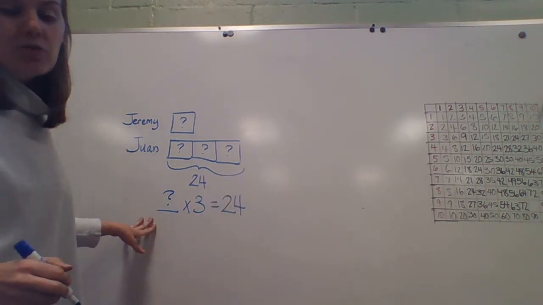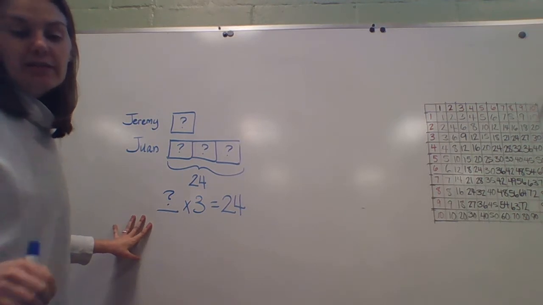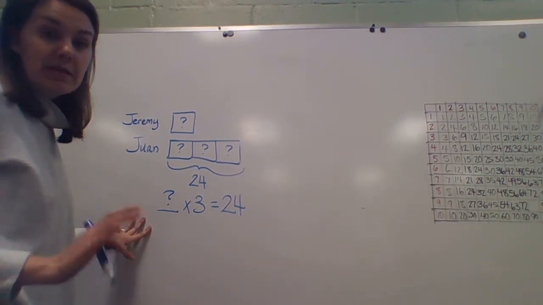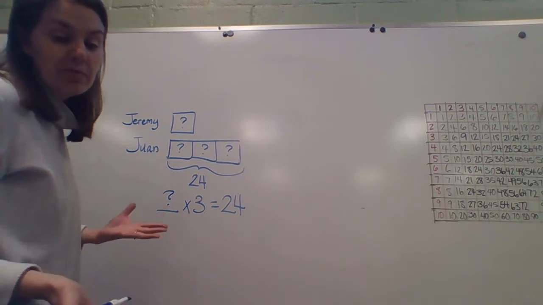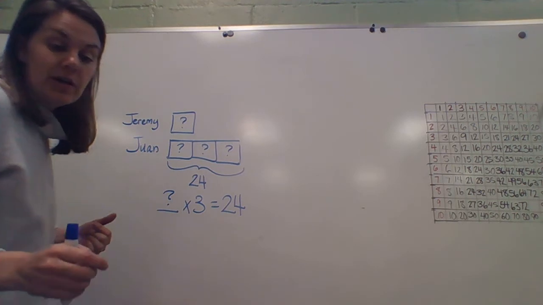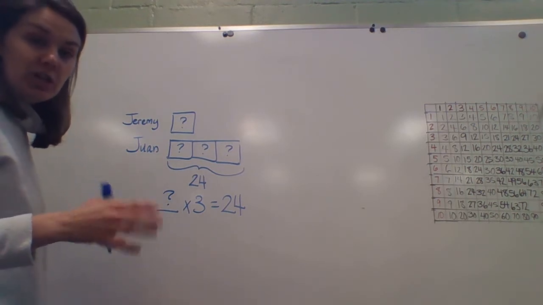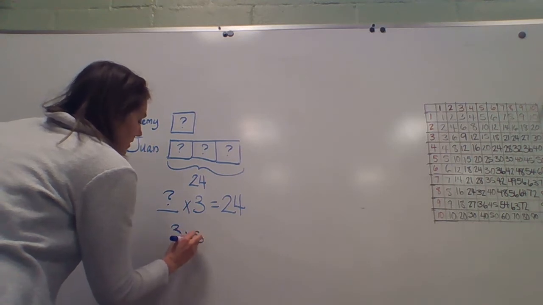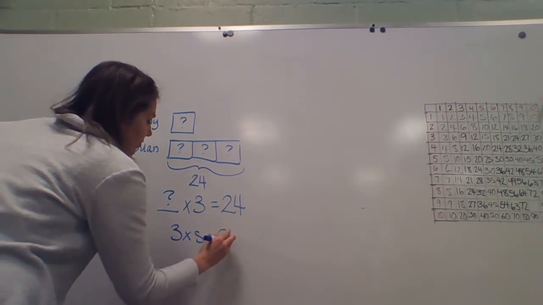So we could write an equation to show it that looks like this. And you'll see on the second model that they've done something similar. They said 3 times Jeremy shells equals Juan shells. And they've written it with S standing in for shells as 3 times S equals 24.